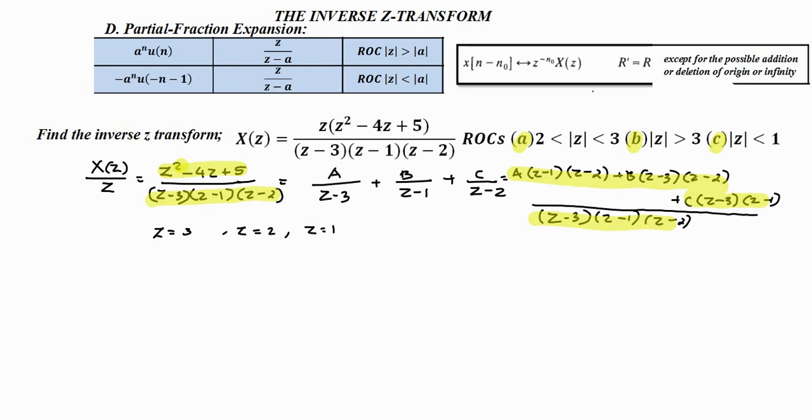So after substituting each value, you will get a is equal to 1 and b is equal to again 1 and c is equal to minus 1. Okay, after substituting, now I'll directly write the result. So after substituting the constant values, x of z becomes 1 by z minus 3 plus 1 by z minus 1 minus 1 by z minus 2.